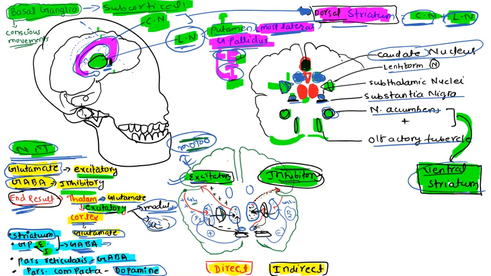So at the end, the outcome is that the thalamus is very less inhibited, and then it gives the excitatory output, and that comes to our direct pathway, that is called the direct pathway or direct circuit.